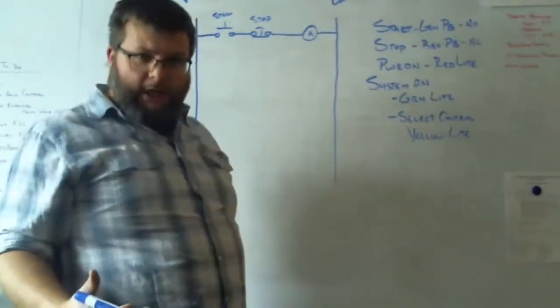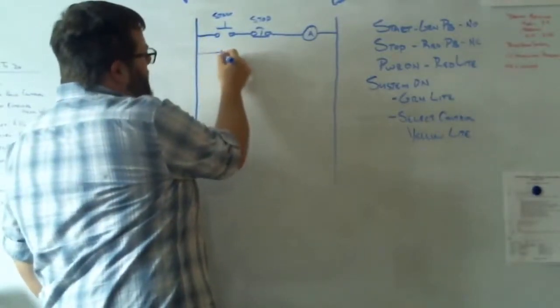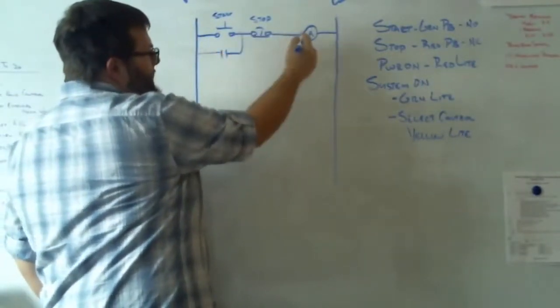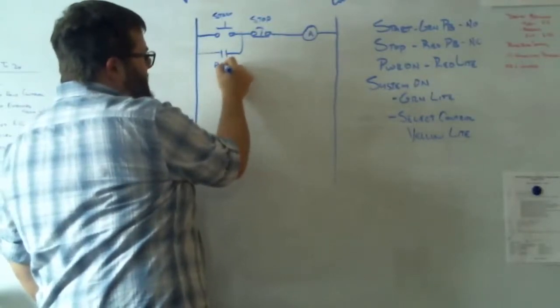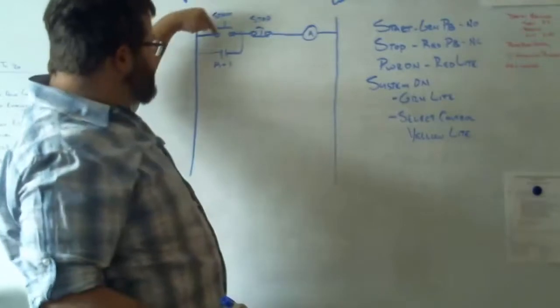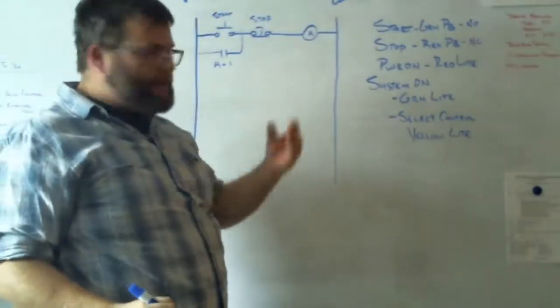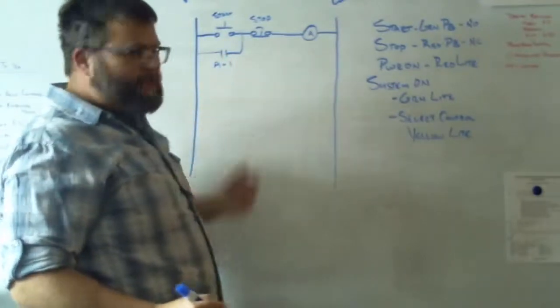We talked about this in lecture, but we need to add that seal-in contact. This relay is A, and it's contact number 1. So now I push this button. This allows current to flow. This coil gets energized. This open contact closes.